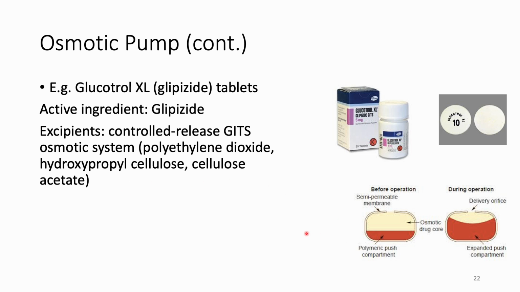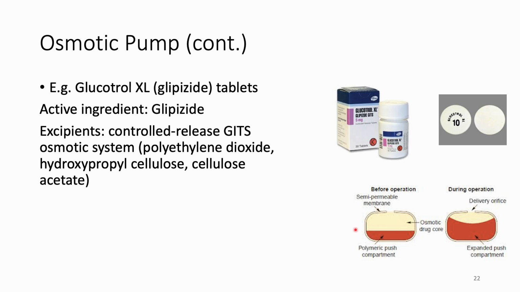As described in the previous slide, the drug includes two main sections, the core and the semi-permeable membrane. On the surface of the semi-permeable membrane, there's an orifice or hole. When the drug is administered, the water from the stomach or the gastric fluid will be drawn into the core tablet through the semi-permeable membrane, and it will dissolve the drug inside.